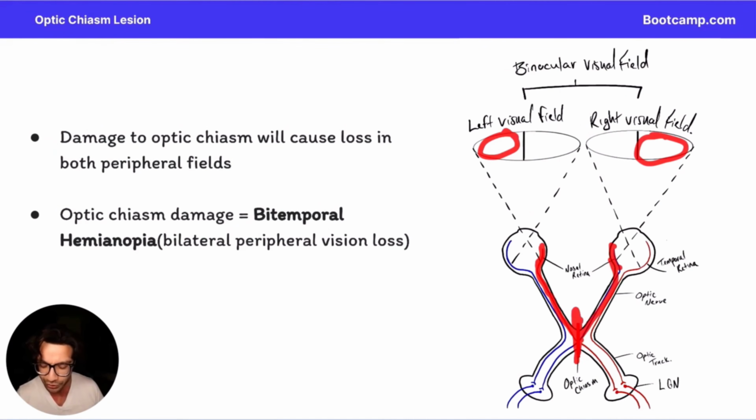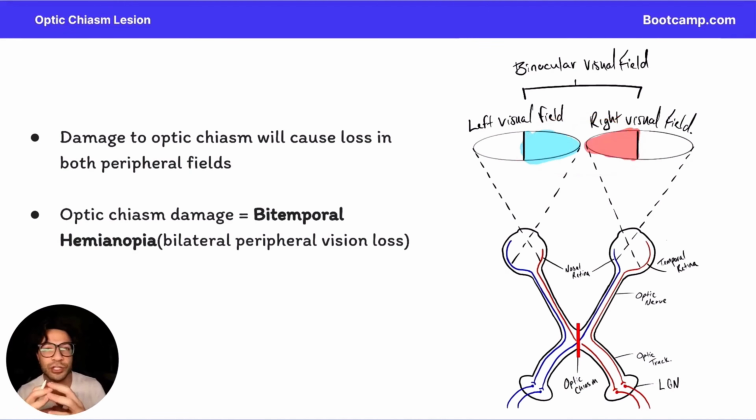So if we have a lesion right here, this visual information is not able to cross over. Only the ipsilateral information is able to reach the lateral geniculate nucleus and then go to that primary visual cortex. So this temporal retina, which stays ipsilateral, is picking up that visual information from our binocular visual field. And these two areas overlap.